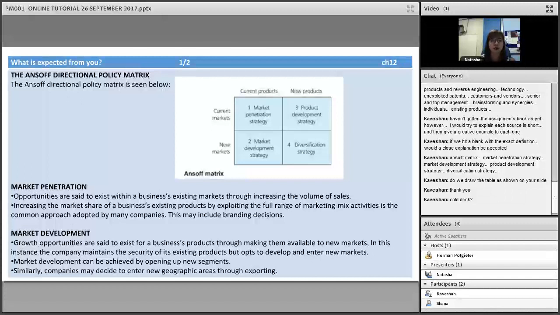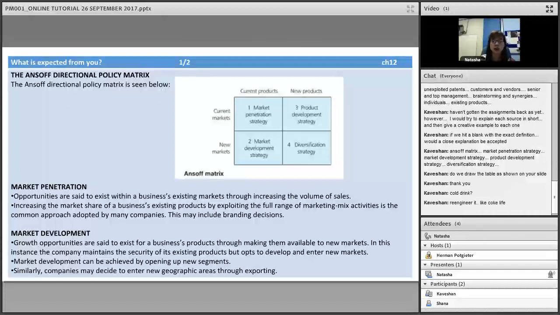Cold drink doing what? Let's say, for example, what can Coca-Cola do in their current market with a current product to boost growth? What can they do?